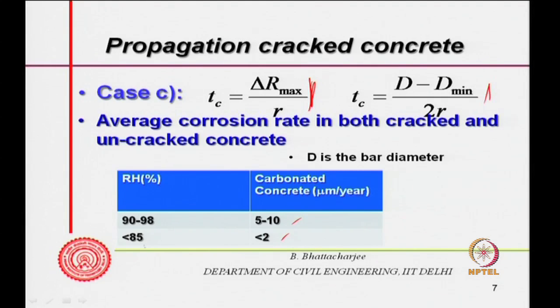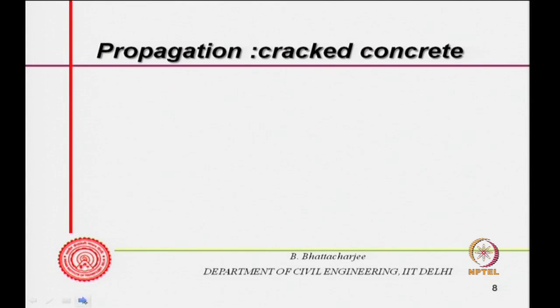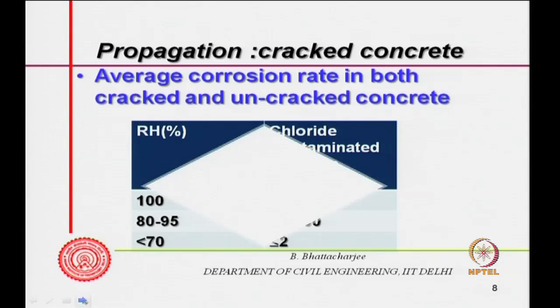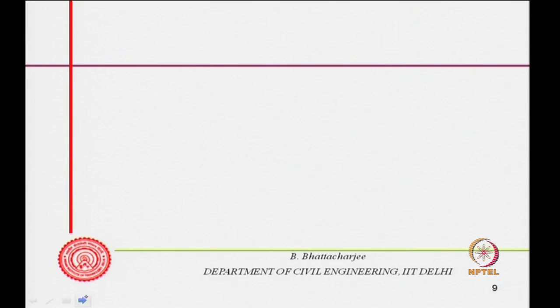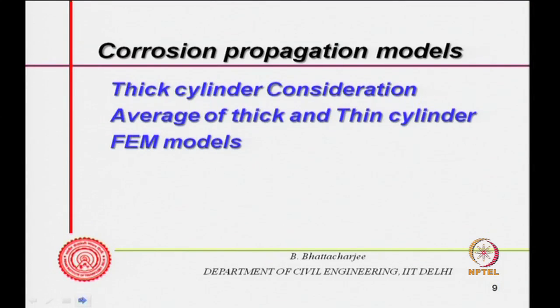For carbonated concrete, two cases are shown, and for other cases these values are available. So, it gives you some guidelines. In the chloride situation, average corrosion rates are given for different relative humidities to be used in this formula for cracked concrete, the concrete which is already cracked. Now, basically, cracking of cover concrete is an important issue, and it can be modeled.